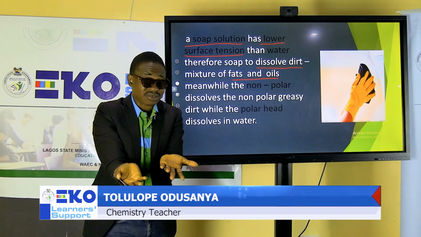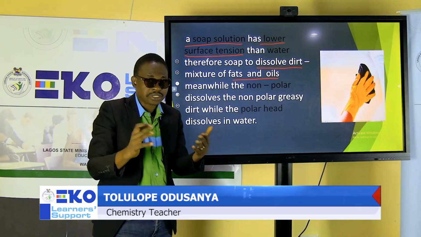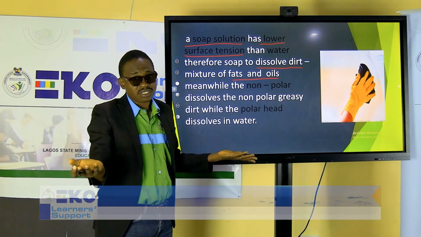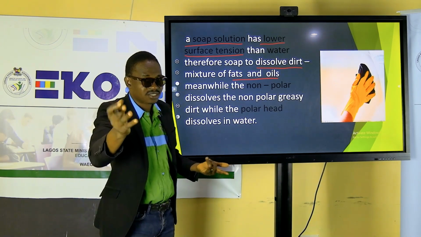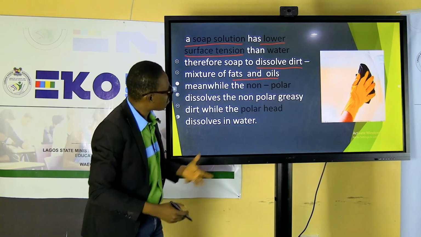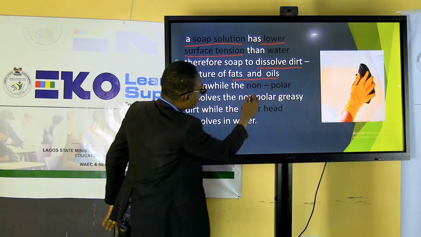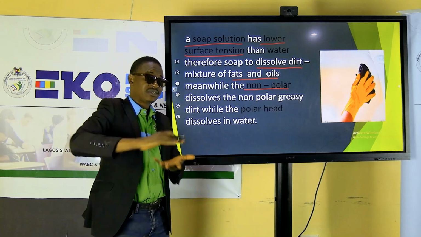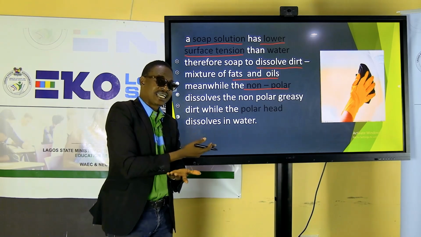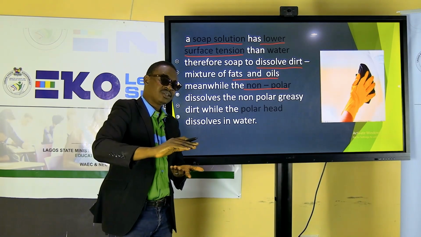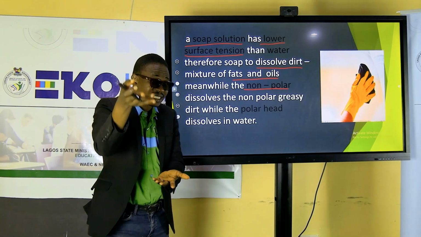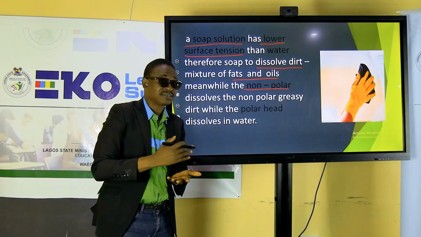Now, the dirt could be oils. It could be fat, from the mixture. Or from the fabric, sorry about that. Now, what happened to the non-polar? Obviously, remember the non-polar. The non-polar is the alkyl group of the soap, the one that does not contain both the negative and the positive charge ions.